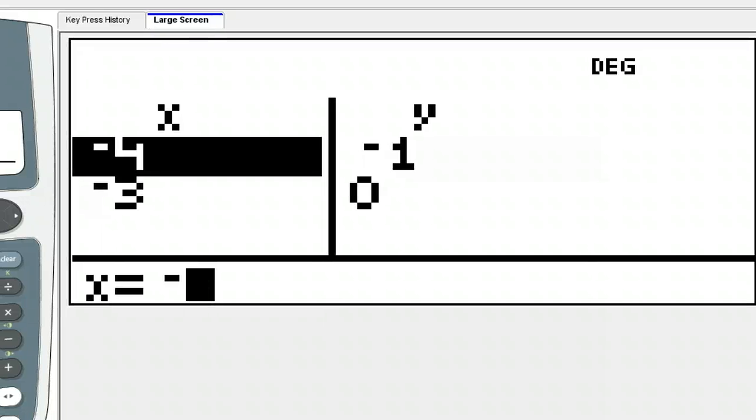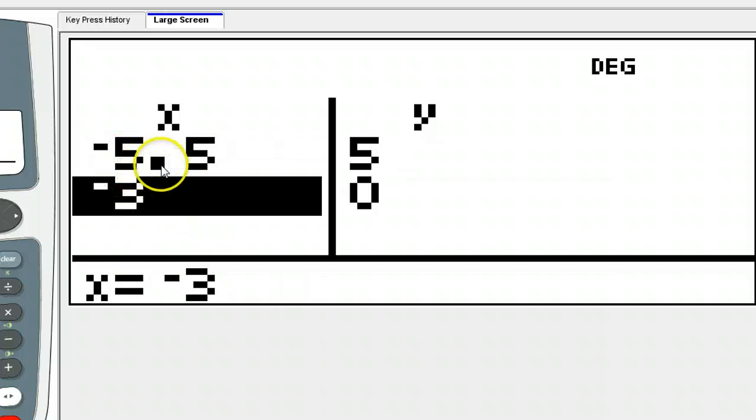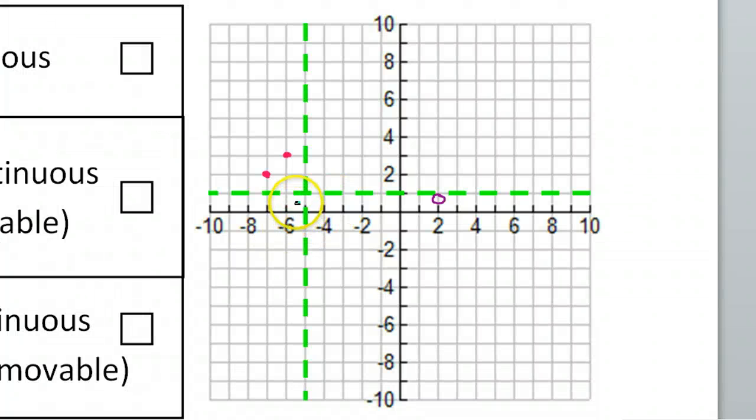So at negative 5.5 we have a value of 5. So here I am, negative 5.5, and I'll have a value of 5. Those 3 points give me a pretty good idea of what's going on here. So I can go ahead and draw this branch now.